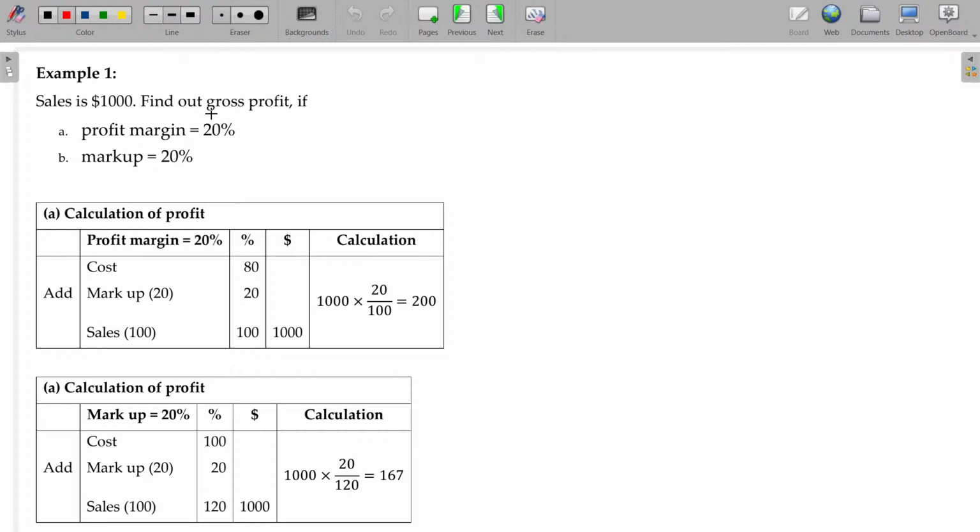So we have to find out the gross profit. Sales is 1000. Find out gross profit if profit margin is 20%.